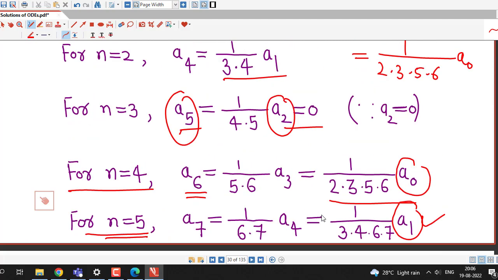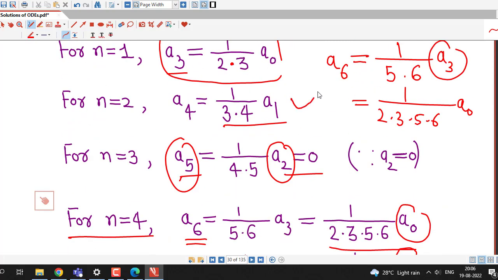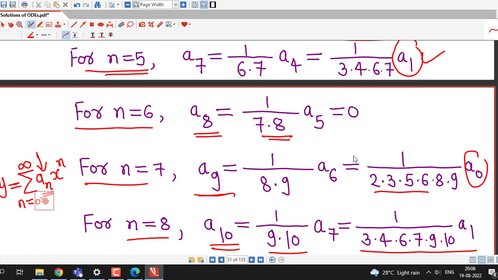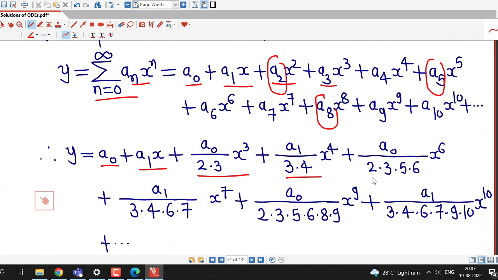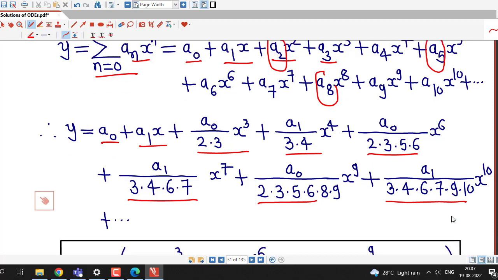So I am putting values of these constants: a3, a4, a5, a6, a7, a8, a9 up to a10. So I substitute all those values here and I find this type of series solution up to the terms containing x raised to 10.